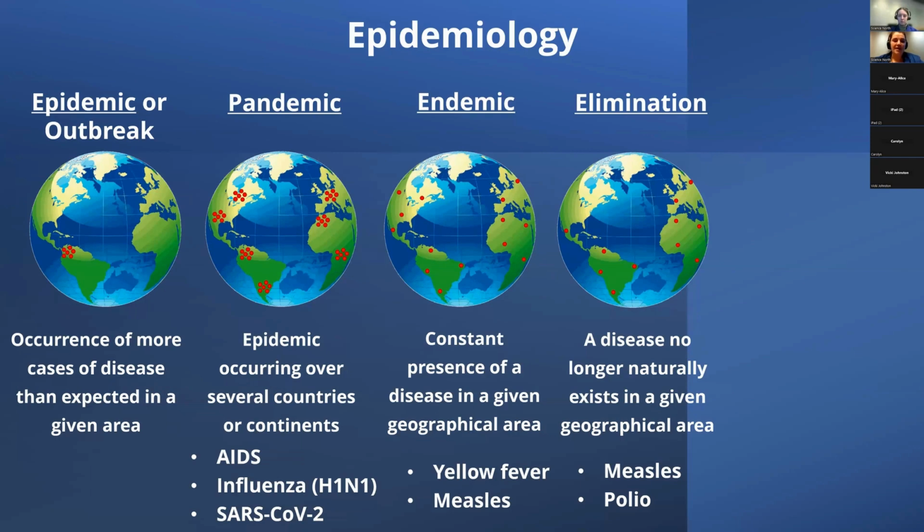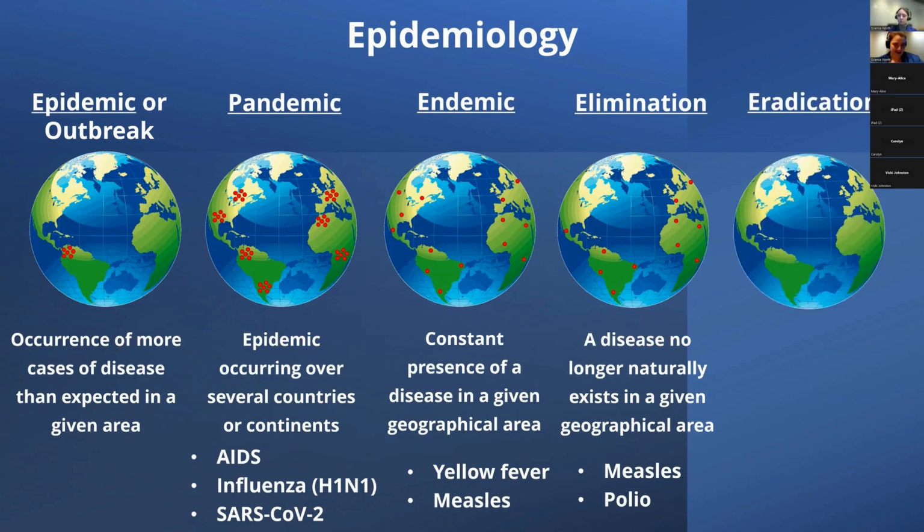So speaking of perfect, beautiful, amazing situations, the ideal is eradication. So the eradication of a disease is when it's been completely eliminated from the world. And so instead of just being eliminated in Canada, when a disease has been eliminated from the entire world, it's called eradication.